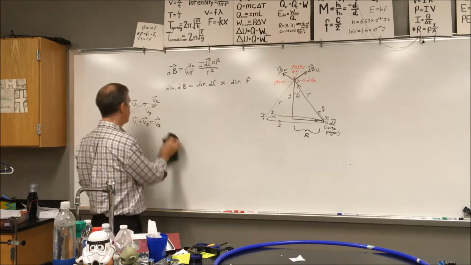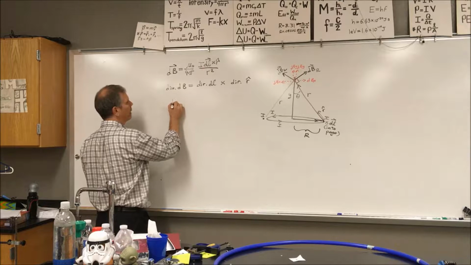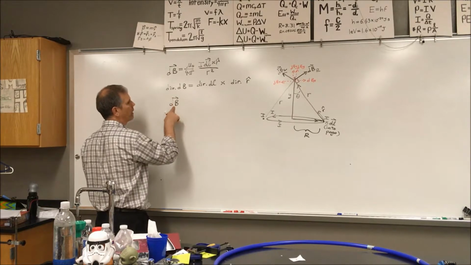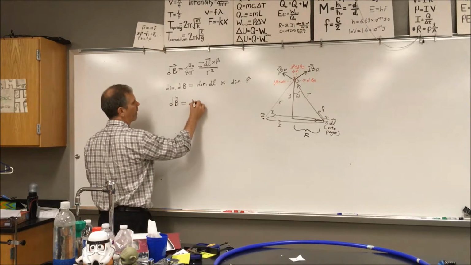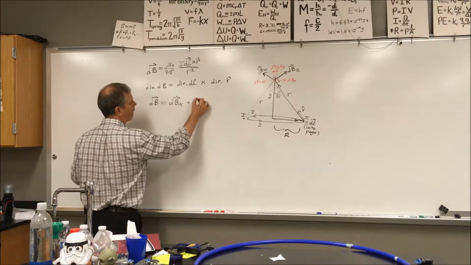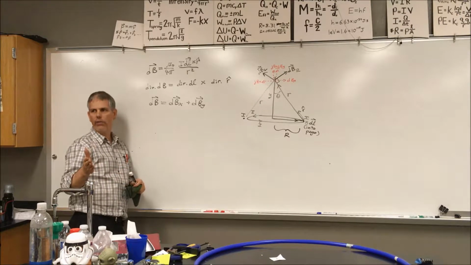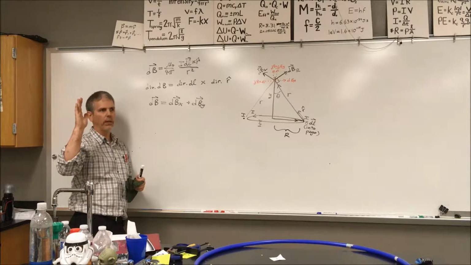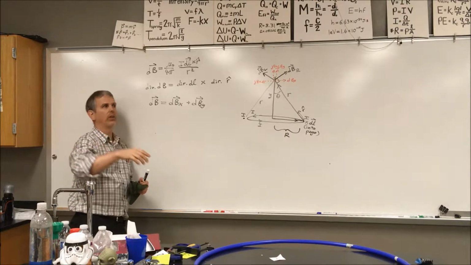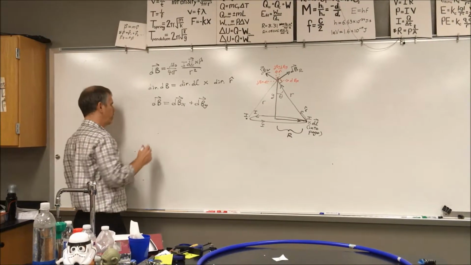Well, let's do the same thing, but instead of vector 1, vector 2, would you agree with that? If you add up the x component and the y component as vectors, you get the entire vector.